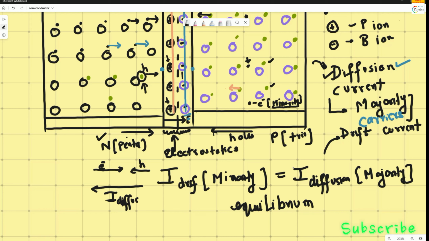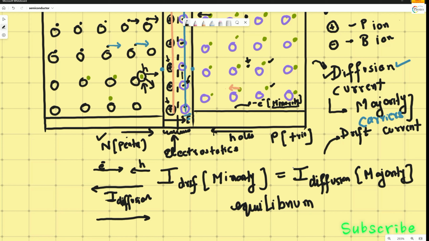But if you notice, the direction of the drift current is because of the electrostatic charge which gets accumulated in the depletion region, right? So the drift current is in the opposite direction. The minority holes are getting attracted to this negative charge, the immobile boron ions, and vice versa for the minority charge carriers on the p side.